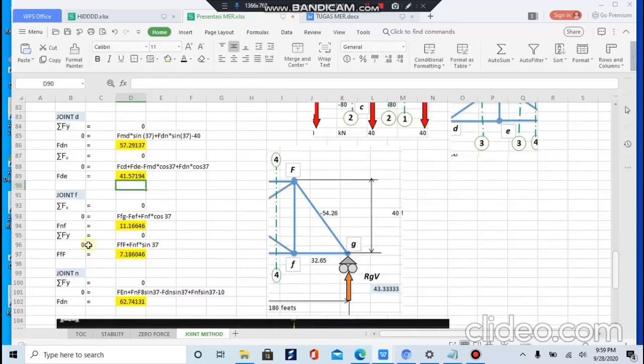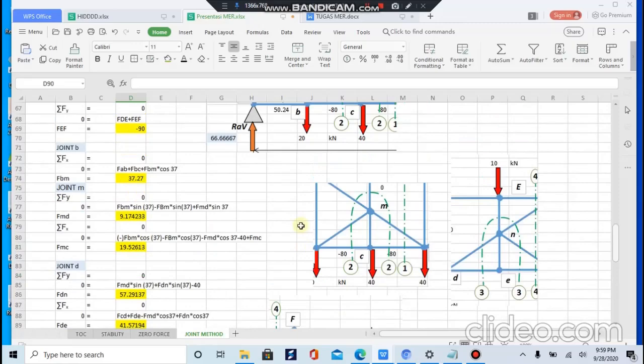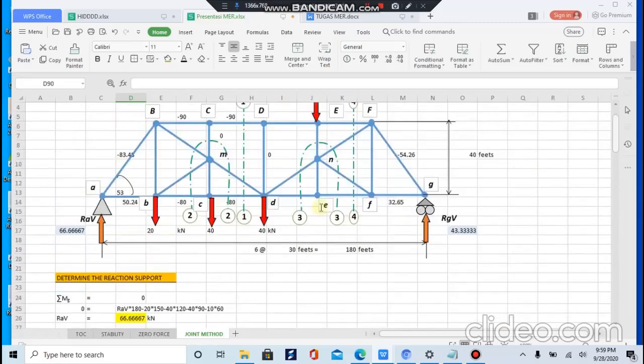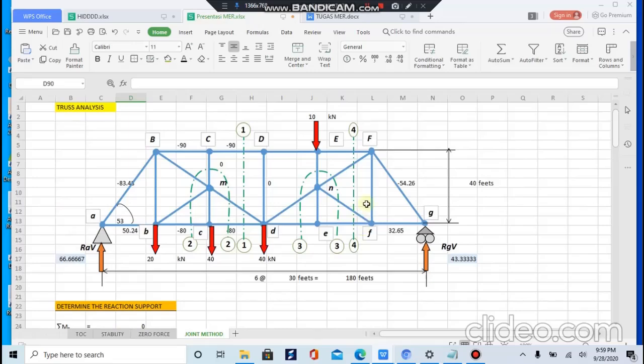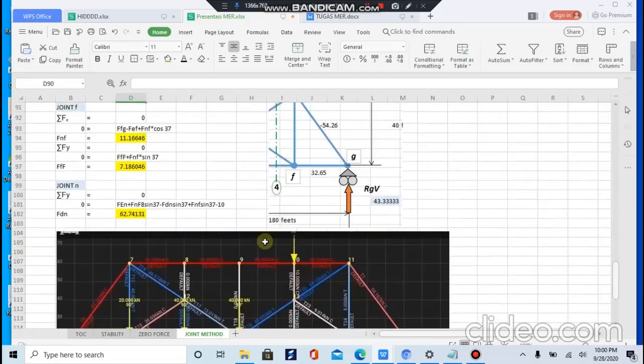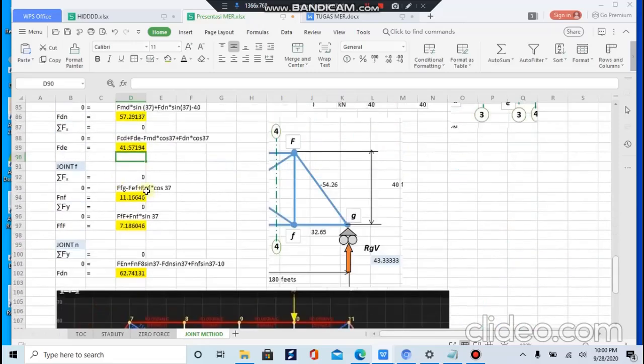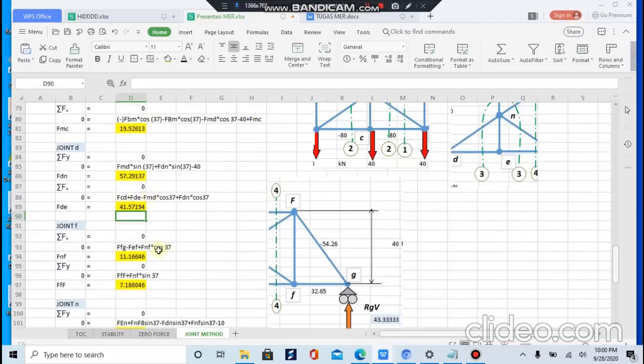For the joint F, here the joint F, the sigma Fx is equal to 0, so 0 is equal to FFG minus FEF plus FNF times cos 37.